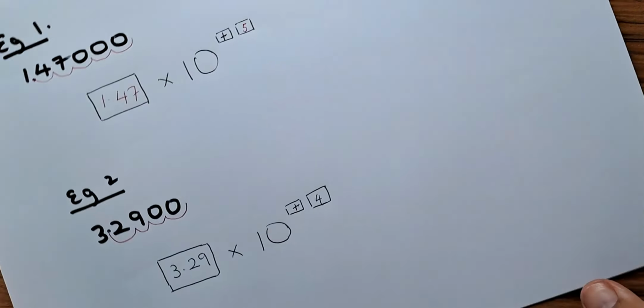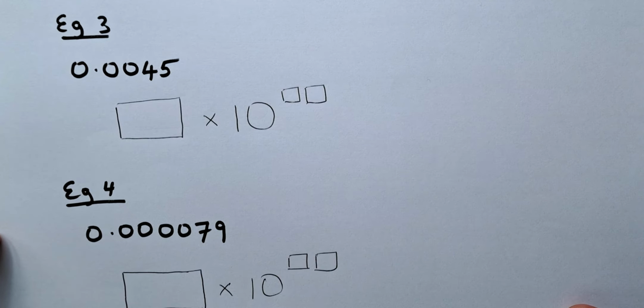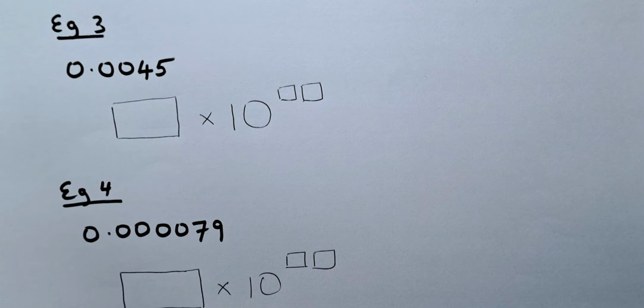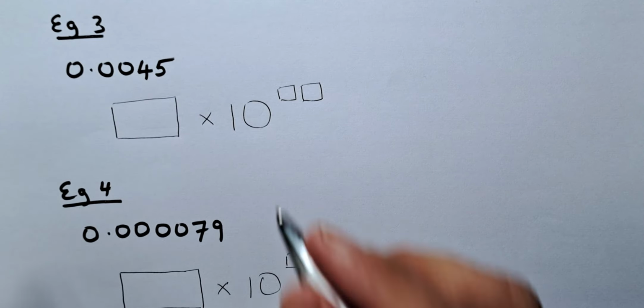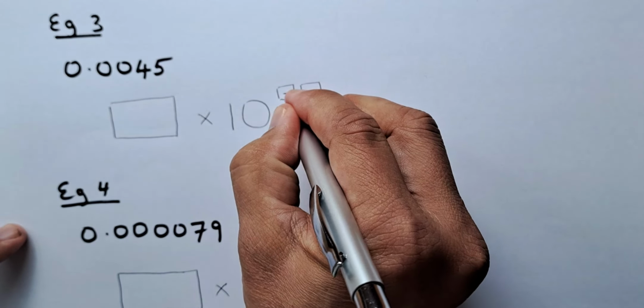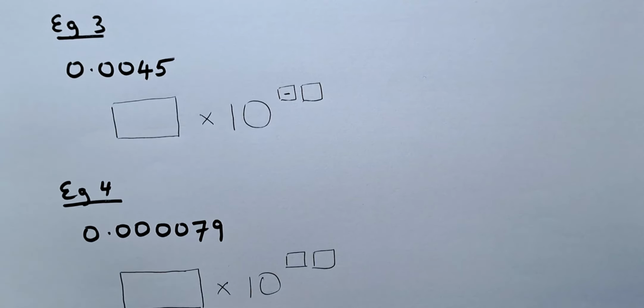Now we look at example 3, which is 0.045. Is that a big or a small number? I reckon it's a small number, so we have to put a negative sign there. Anything less than 1 is considered a small number.